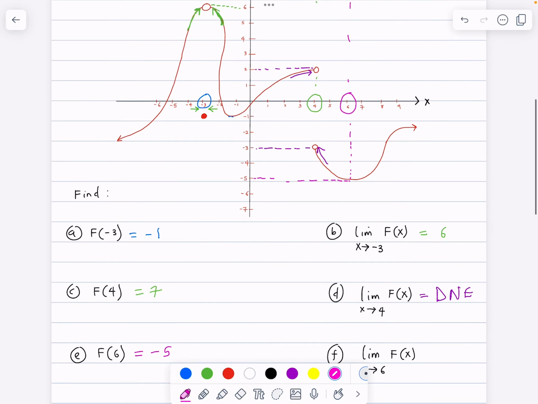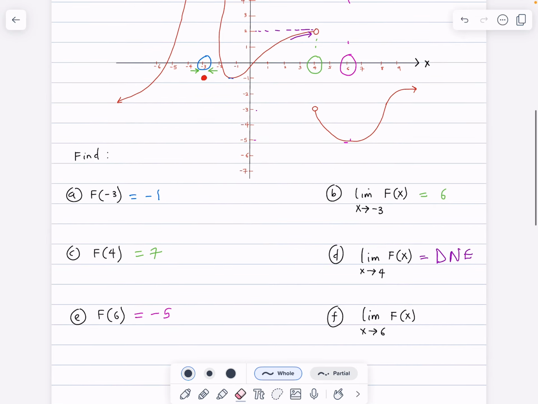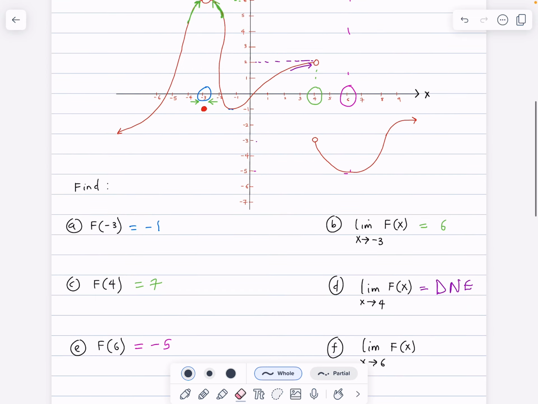So what about the limit? Let me erase all this so that we are not confused. So what about the limit of f of x as x approaches 6? On the graph, from the left, what's the value there?